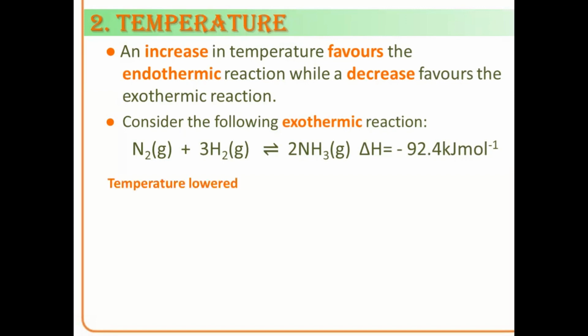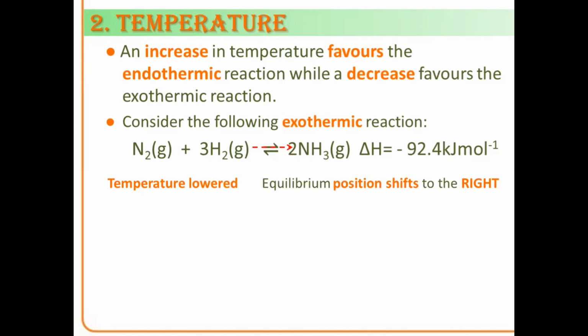So when the temperature is lowered, in this case, the forward reaction is favored. Remember, the forward reaction is the one that is exothermic, the one that gives out heat. And therefore, when you lower the temperature, the reaction tries to replace that heat, and in this case, our equilibrium position shifts to the right.